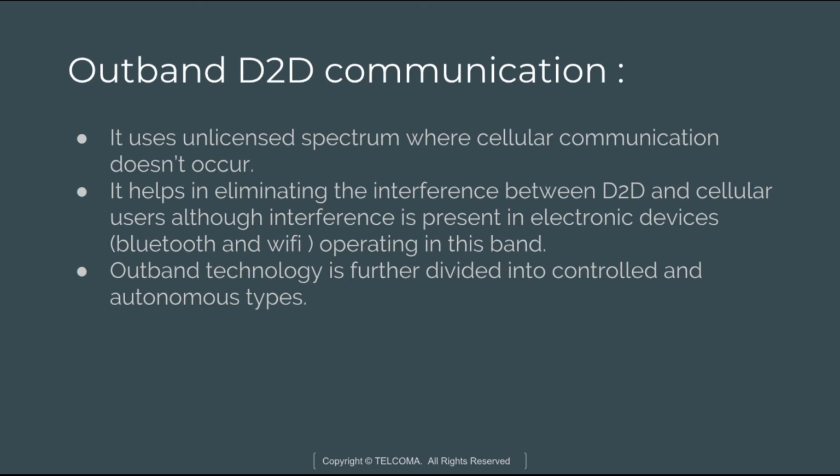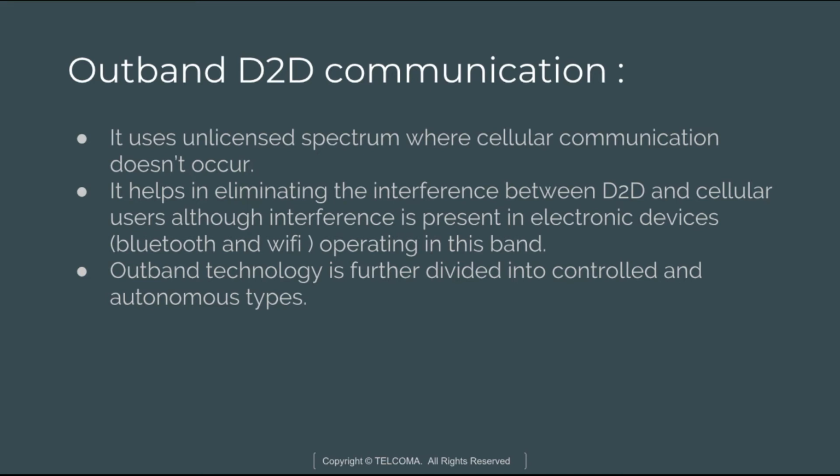This type of spectrum allocation or bandwidth division is beneficial because it helps in eliminating interference. We can have interference between device-to-device users and also for cellular users, and interference could operate in both the bands. So if you have reserved bands for both communications, one for cellular and one for D2D, there is no chance of interference.